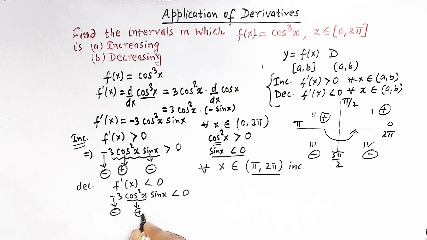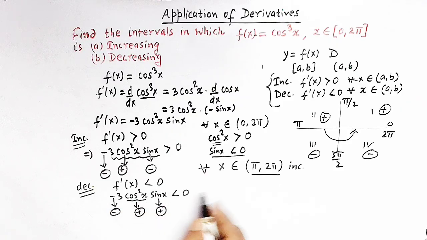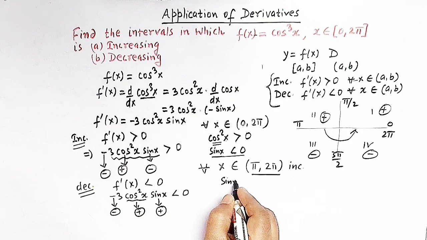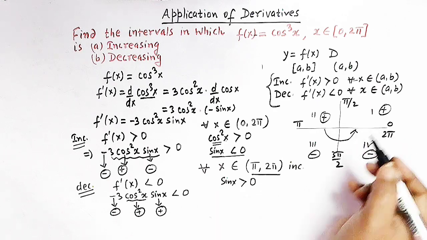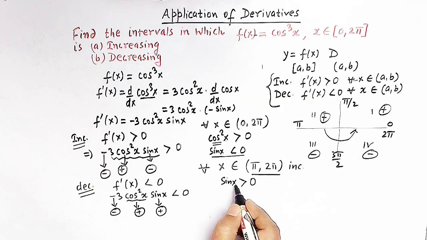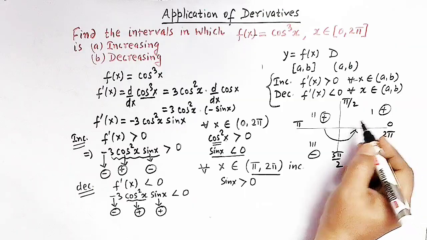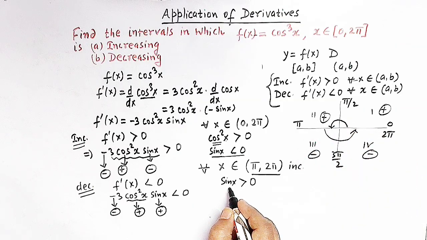For this term to be less than 0, sine x should be positive. So in case of a decreasing function, sine x should be greater than 0. From the sign convention, we can easily see that when x lies in the first and second quadrants, sine x is positive.